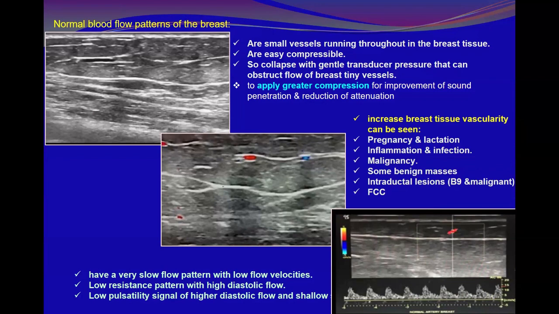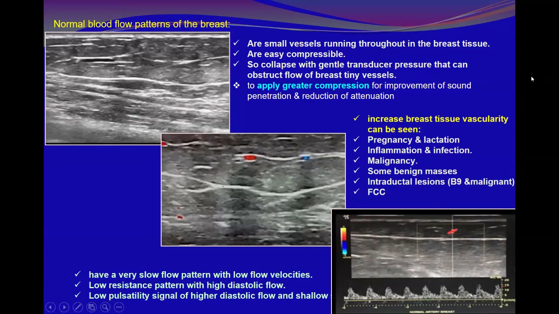Breast tissue usually shows increased vascularity in pregnancy and lactation, in inflammation and infection, in malignancy, and in some benign masses like intraductal masses or papillomas. I can also add fibrocystic changes from my experience. This is different from the literature, but from my experience, I have seen a lot of fibrocystic changes with increased local or diffuse vascularity.